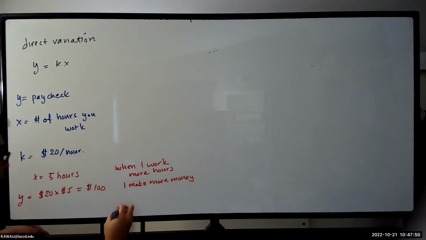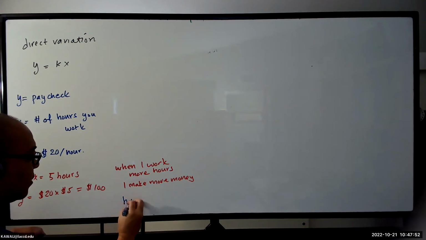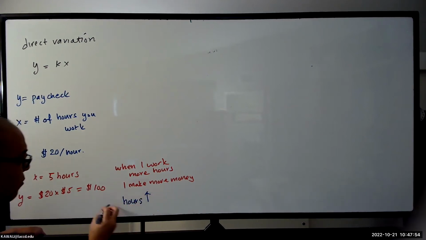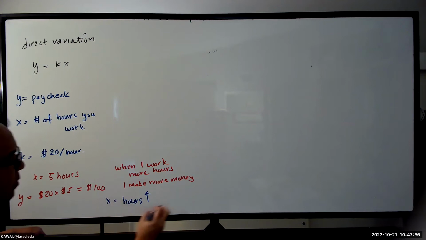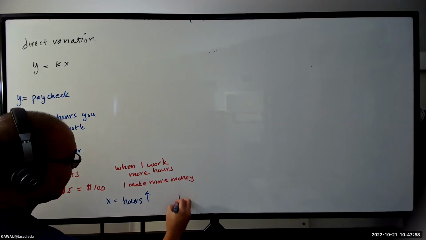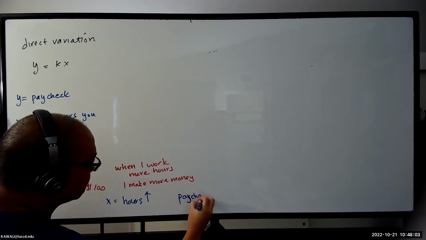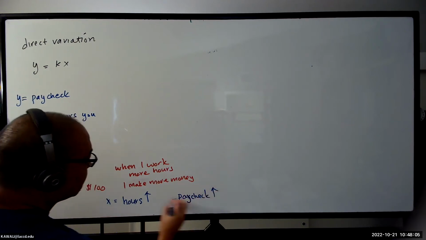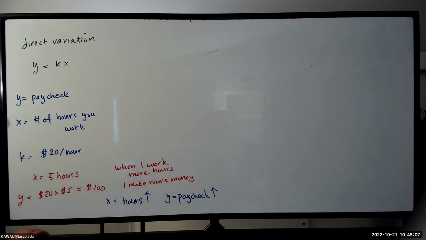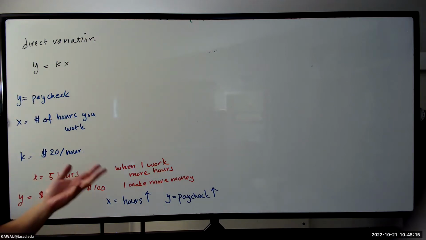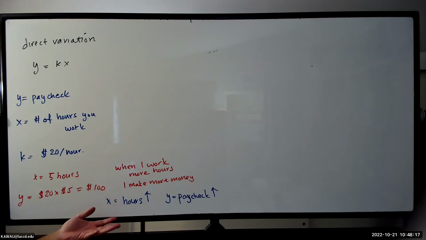Meaning that when my hours go up, my paycheck goes up. Okay, so when my hours go up, my paycheck goes up. And that's what a direct variation is, right? The more I do this, the more this other thing happens.